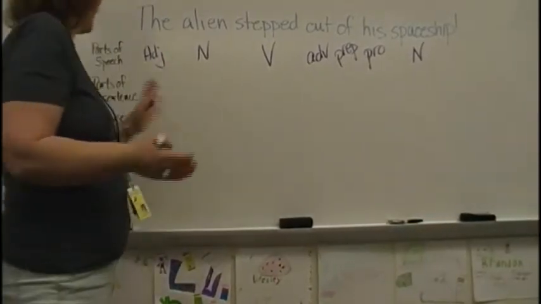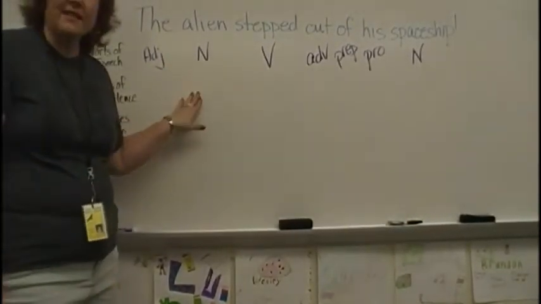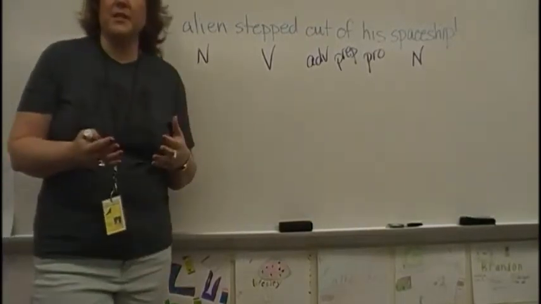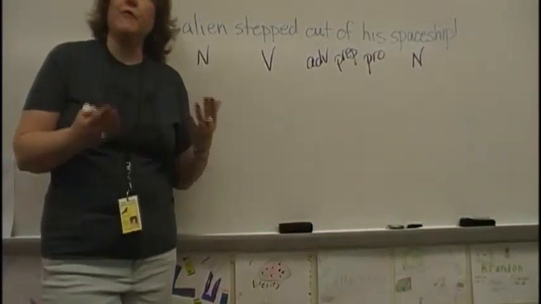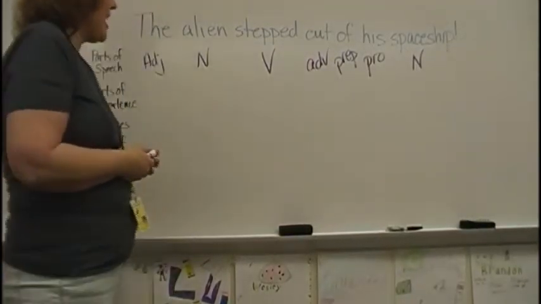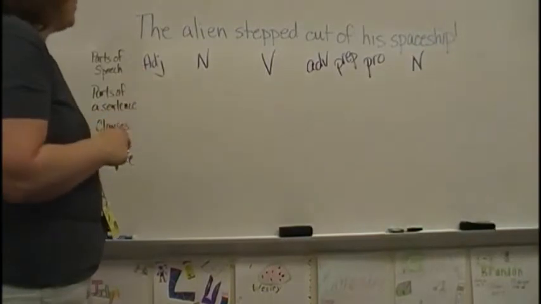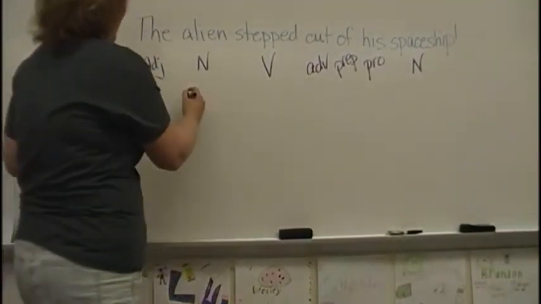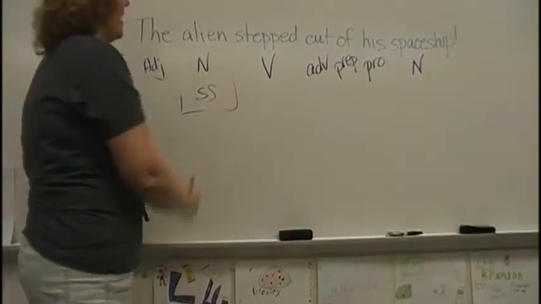Next, we would look at parts of a sentence. That's the second level of sentence analysis. Parts of a sentence include the simple subject and simple predicate, and any phrases, such as a prepositional phrase, infinitive phrase, etc. So in this particular sentence, we want to find the subject. We know that alien is what the sentence is talking about, so this is going to be the simple subject.